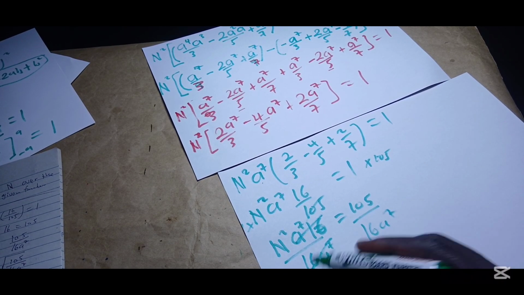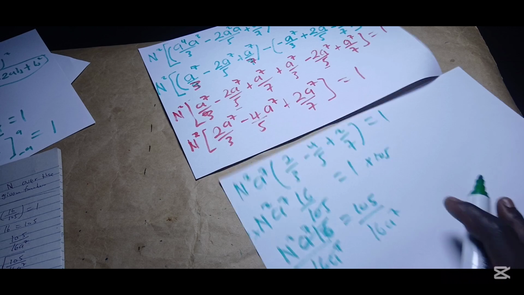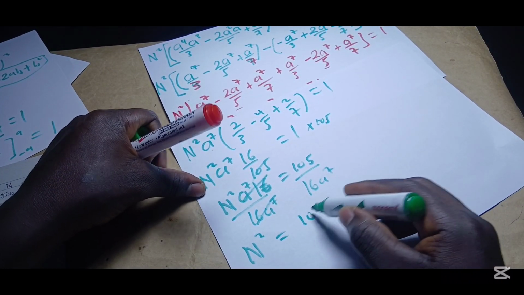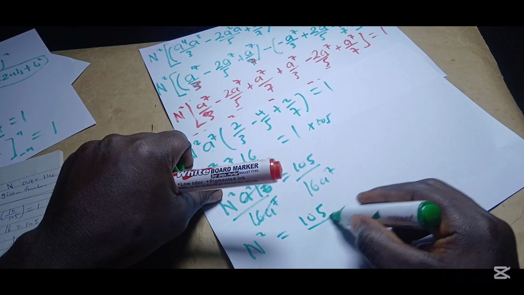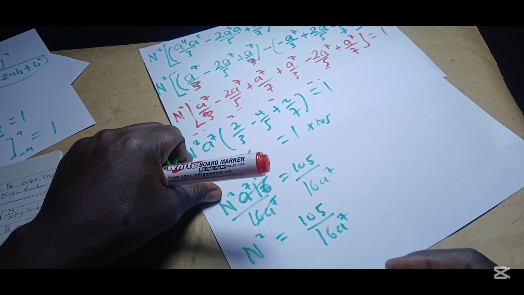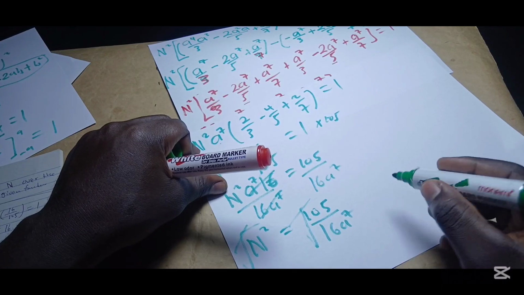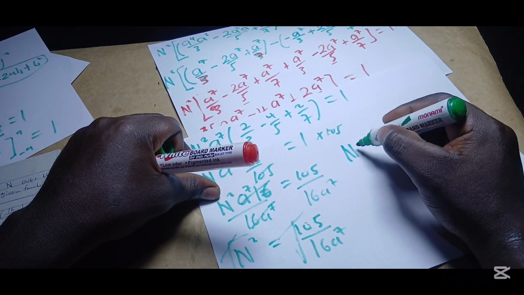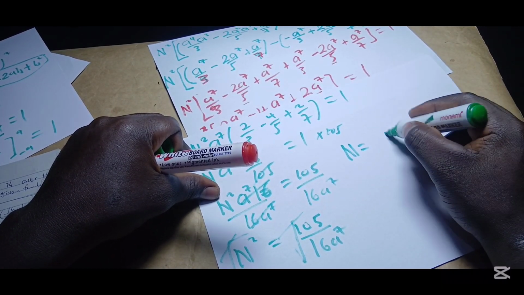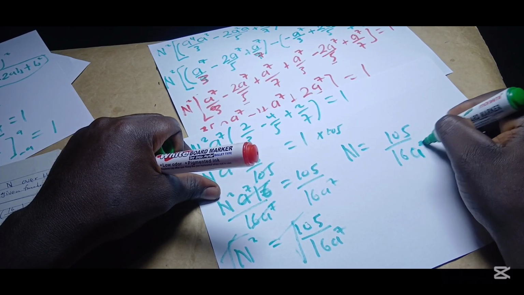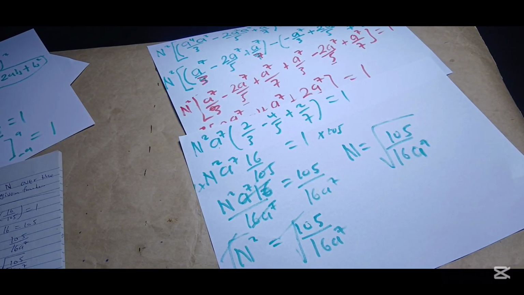This will get rid of that, and then we are going to get n squared equal 105 all over 16a to the power 7. Taking the square root of it will cancel out the square root sign. And our n, the normalization constant, is going to be the square root of 105 all over 16a to the power 7.